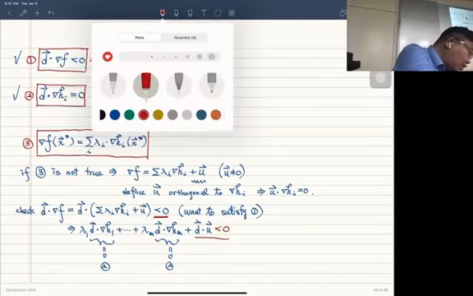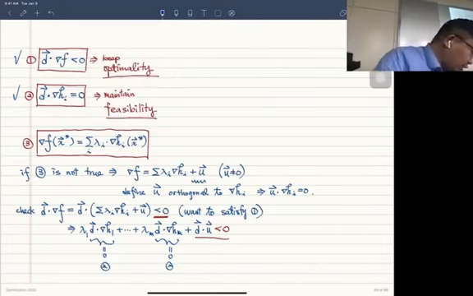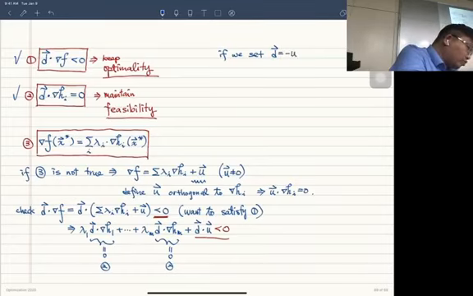So the next thing is that u is something we don't know, but we know it's perpendicular to gradient h. The next portion of the proof is, let's say we set d equals negative u.